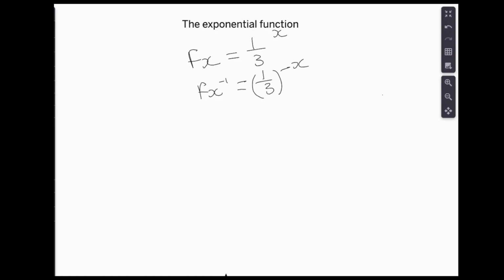But remember that this can also be written as 3 to the power of minus 1, all to the power of minus x. And if I multiply those two exponents, I get 3 to the power of x. So that's the reflected function, whereby now this graph has been reflected on the y-axis. Happy?